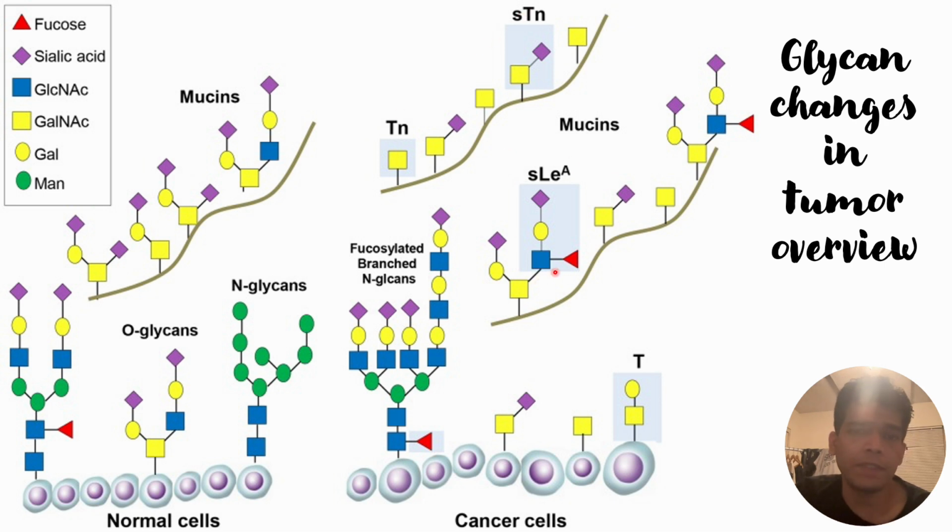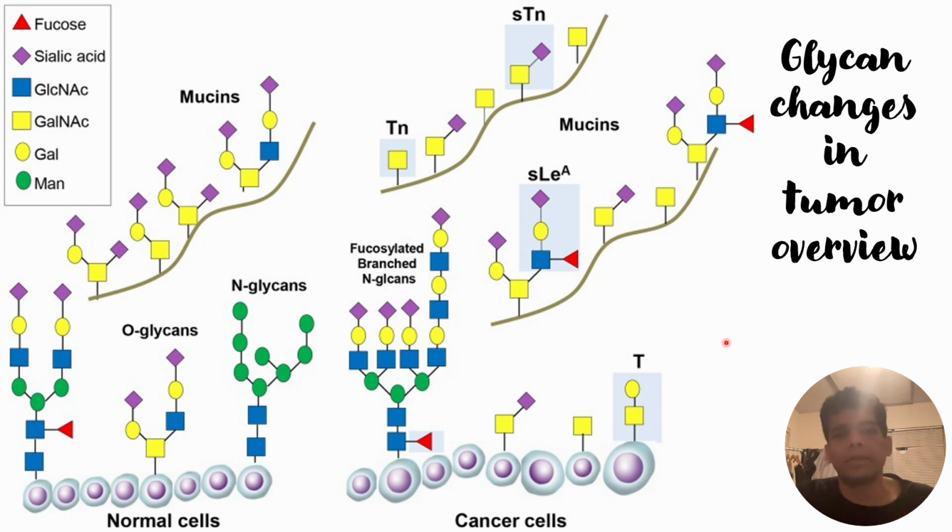Because of other biological changes, we can see some other unique glycosylation, such as this sialyl Lewis A glycosylation, and also, because of the dysregulation in the N-linked glycosylation pathway, we can see these heavily branched, fucosylated N glycans.